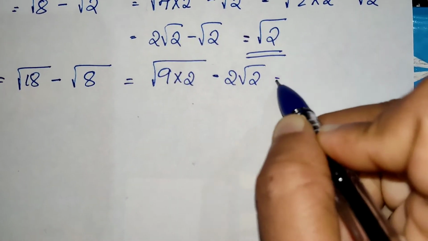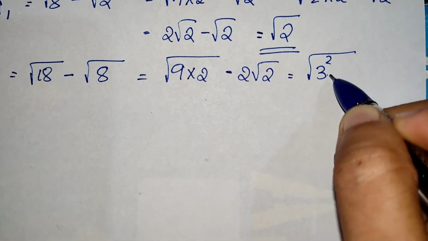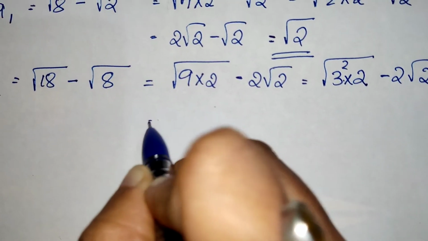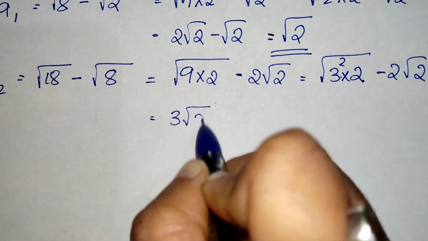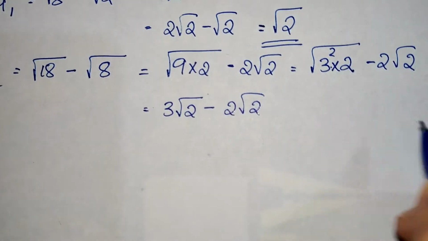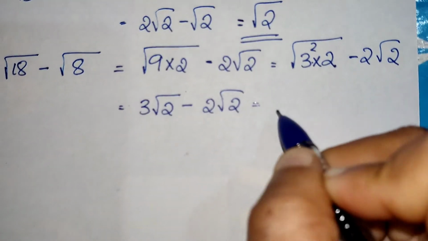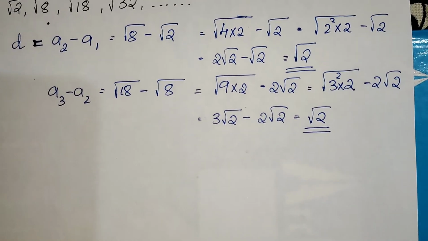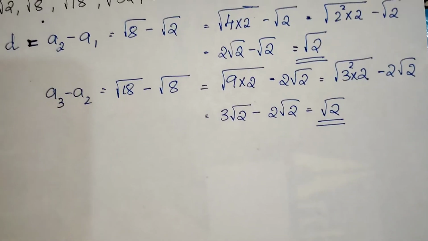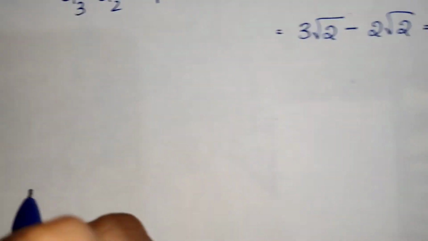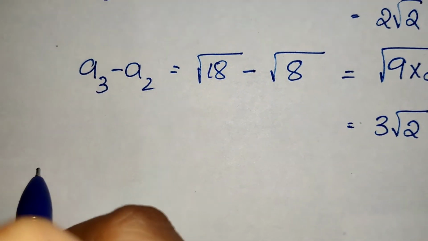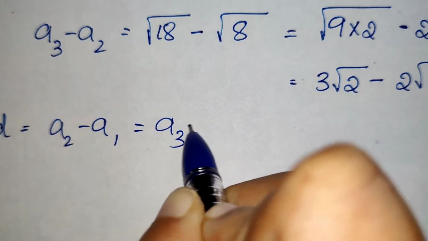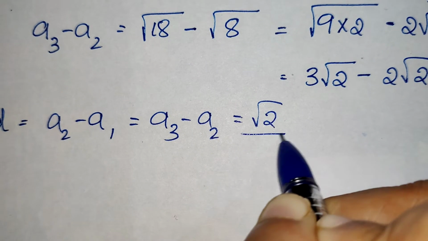So 9 I can write as 3 square into 2 minus 2 root 2. So 3 root 2 minus 2 root 2, I'll get again root 2. So here my common differences are equal and the same. So the given terms are in AP. I'll write D is equal to a2 minus a1, that is equal to a3 minus a2, that is equal to root 2.